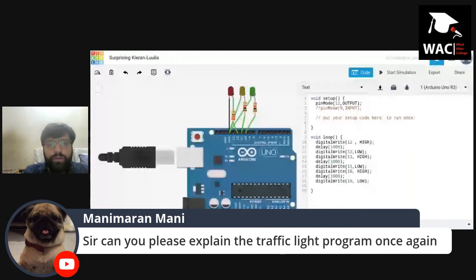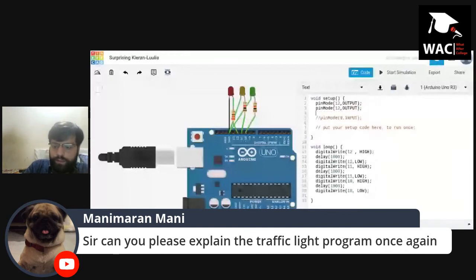Okay, so yeah, over here, basically we initialize the 12th, 11th and 10th pin as outputs. Then we use the function named digitalWrite to give an output. digitalWrite is used to give out an output: 12 HIGH means we have given the 5 volt output at 12th pin.